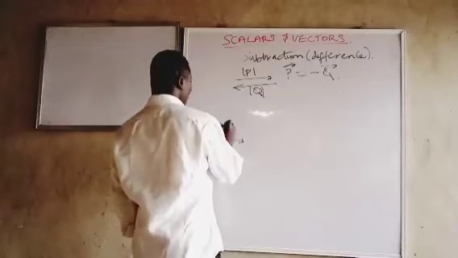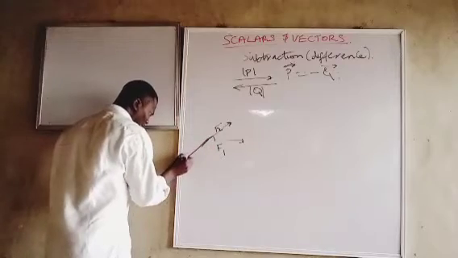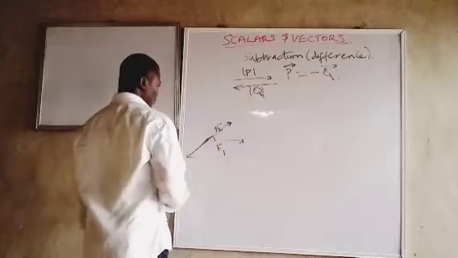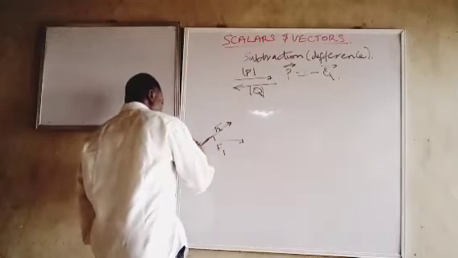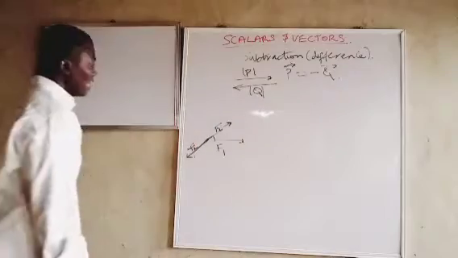What do I do? You know this is positive F2. I will have to drop another one down like this, in the opposite direction, but equal to F2. So this one has come here. It has the same magnitude as F2, but minus.